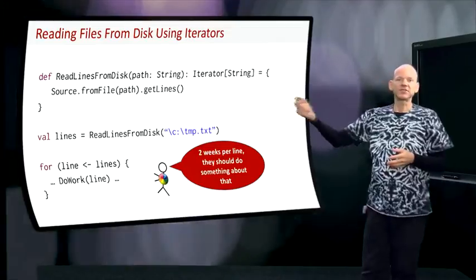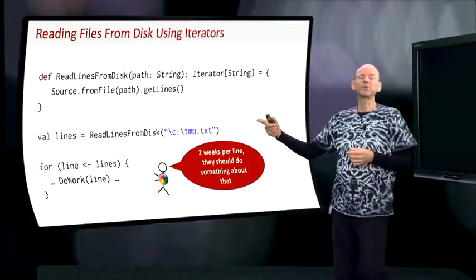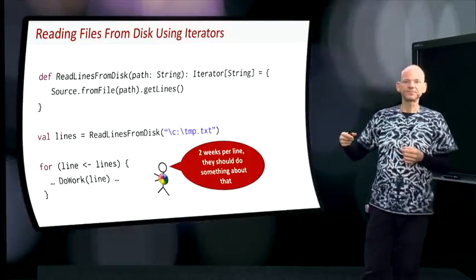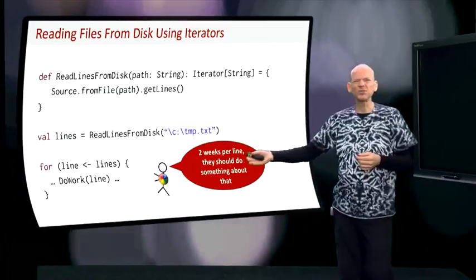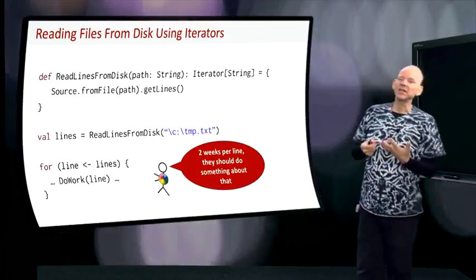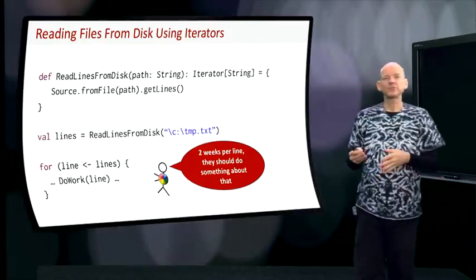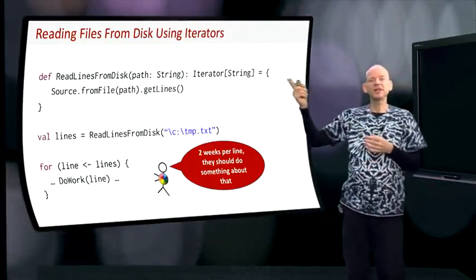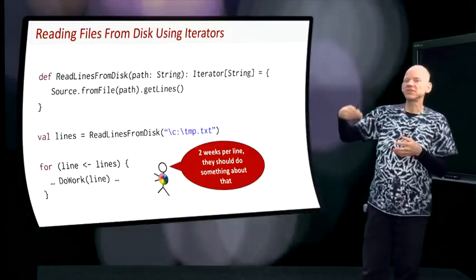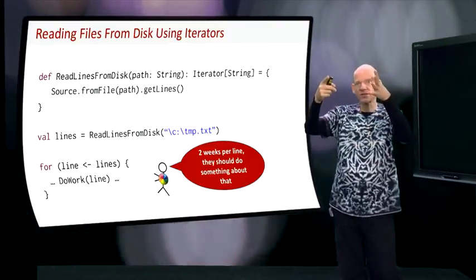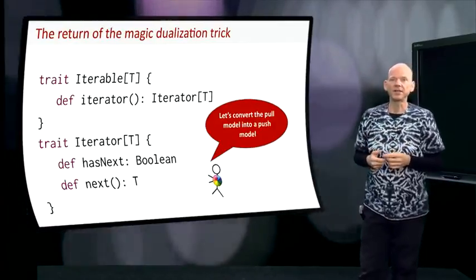And this is just the standard Scala code. And then we're going to do a for loop to do work for each line. Now reading from disk takes 2 weeks, so 2 weeks per line. That's kind of crazy because we're blocking again. We're waiting for a long time. So reading from a file using iterators is not a good idea because this is not the type to deal with things that have high latency.